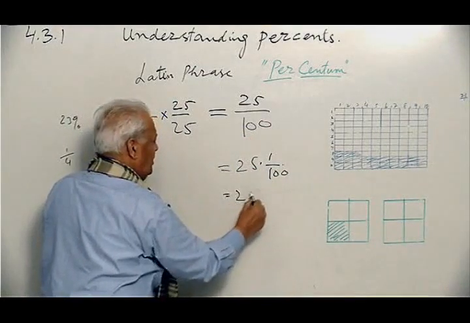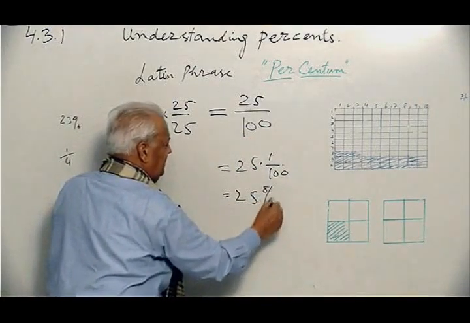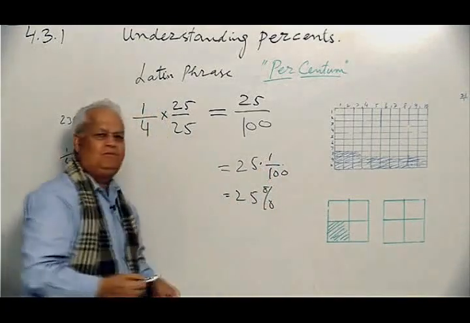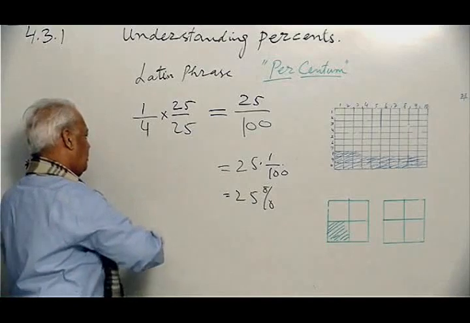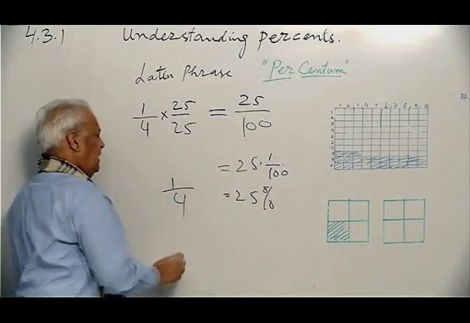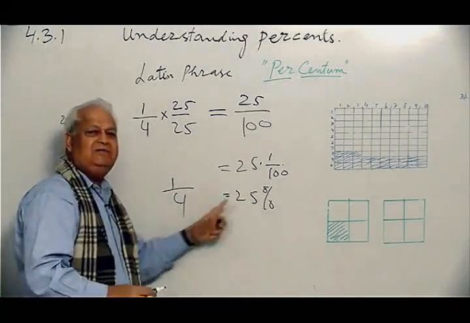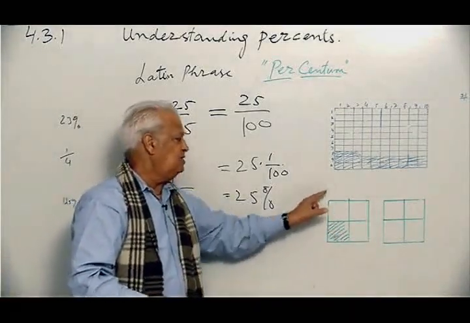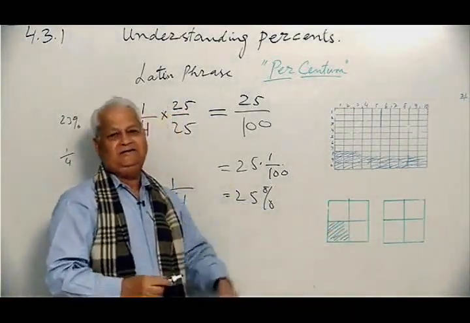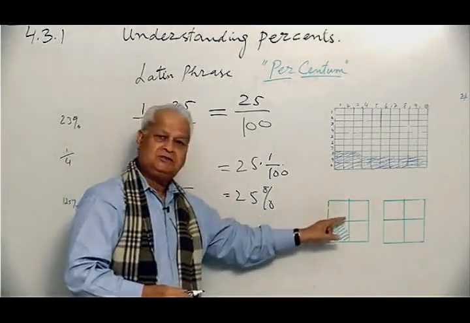And that 1 over 100 means percent. So you will have 1/4 or 25% are the same thing. So I can say here 25% of the box is shaded, or 1/4 of the box is shaded.